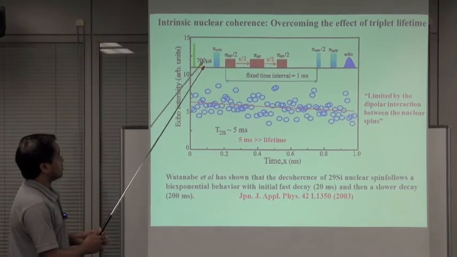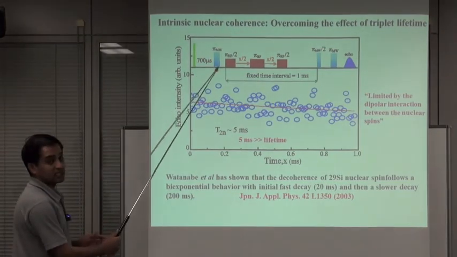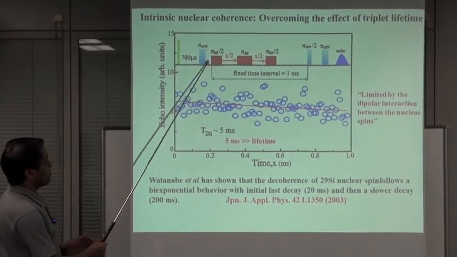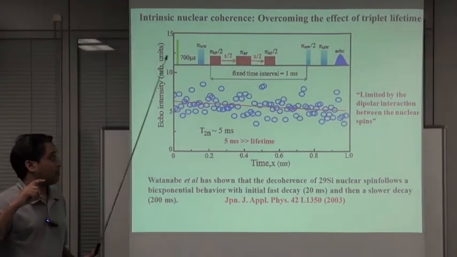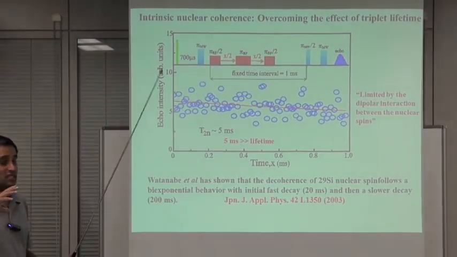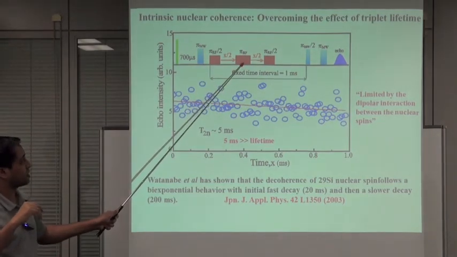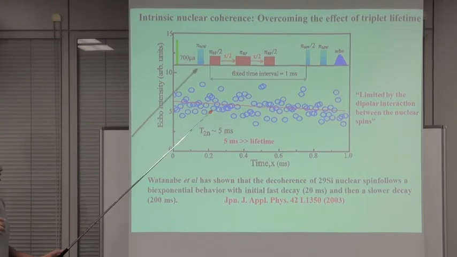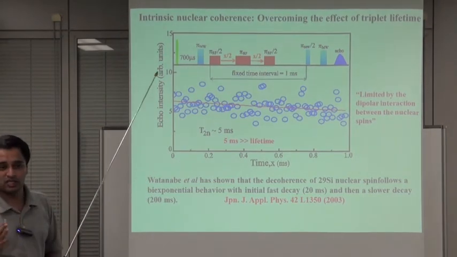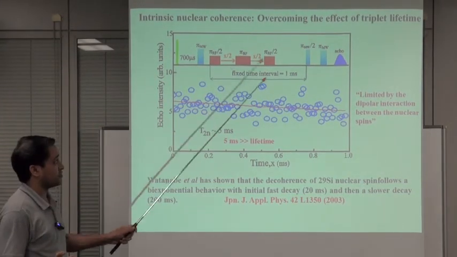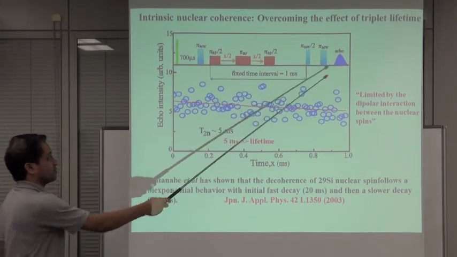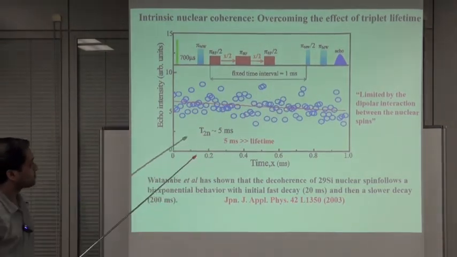We again initialize our spin system after the initial laser pulse. Then a pi/2 RF pulse creates a nuclear coherence, which is refocused by a pi pulse, and then a second pi/2 RF pulse transfers the nuclear coherence back to the electron coherence, which is measured by a Hahn-echo sequence here.